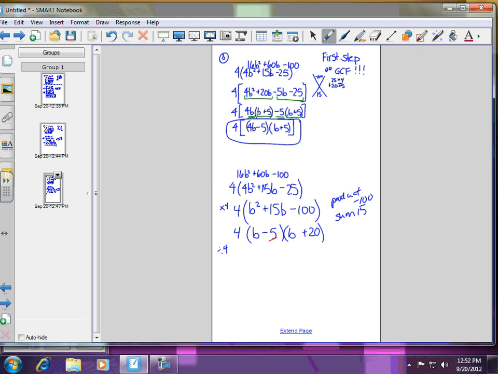So again, I'm just going to divide by 4, divide by 4, and that's going to be 4. This 4 cannot be divided into the 5 evenly, so I'm going to bring that around to the front as the coefficient of that b. And it's going to be 4b minus 5, and that's going to be b plus 5.